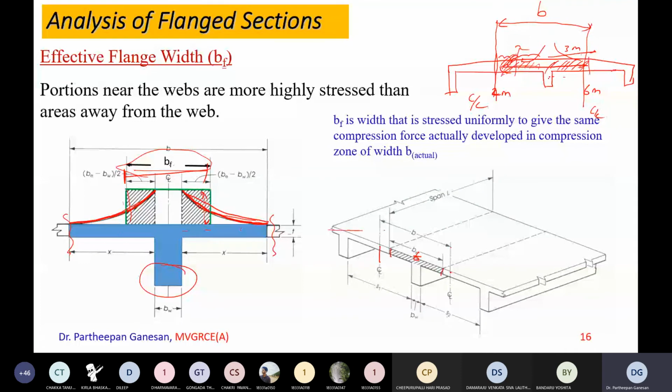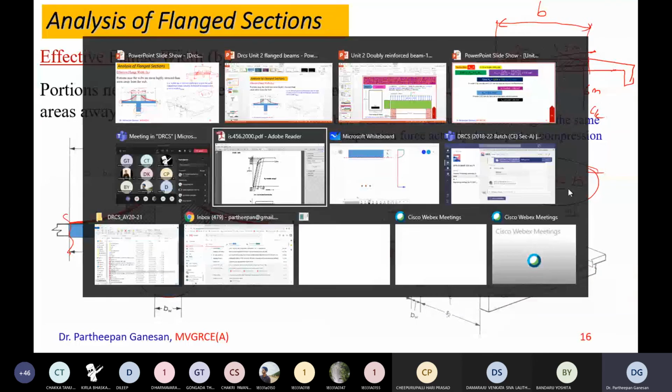The center to center distance is B, and your BF should always be less than or equal to B. You will calculate BF based on the equation that I showed you yesterday. Effective width of the flange should always be less than or equal to B, which is there in the code that I showed you yesterday.